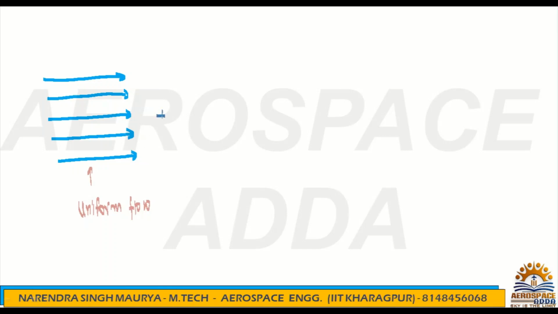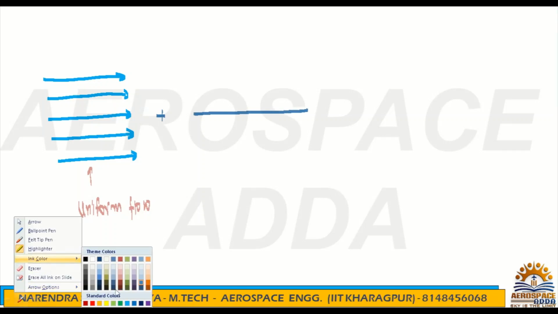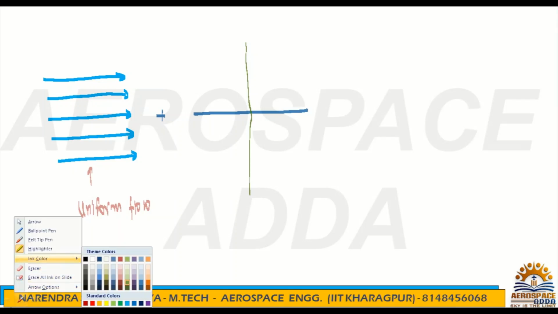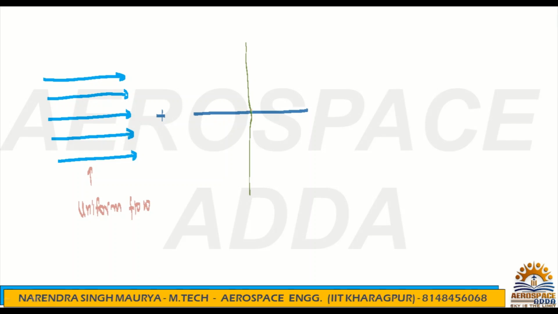So I will show you the doublet flow here. If the source and sink distance tends to 0, it means they are going to exist at the same point. So if source and sink exist at the same point, how will that shape be? Already I have taught you that doublet flow. You can see the doublet flow if source and sink both exist at the same point, or you can say the distance between source and sink tends to 0.